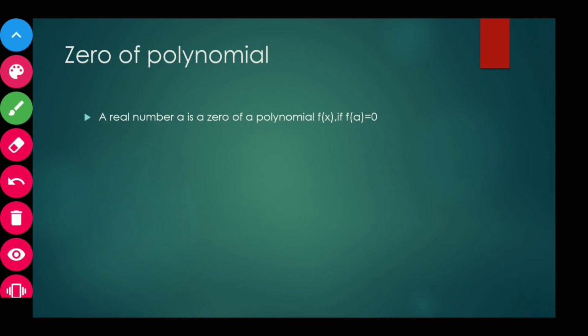Now we will check what is a zero of a polynomial. A real number a is said to be a zero of a polynomial if f(a) equals 0. That means if we have a polynomial x square minus 4, then if we put x equals 2 here, it will be 2 square minus 4, that will give 0 here.